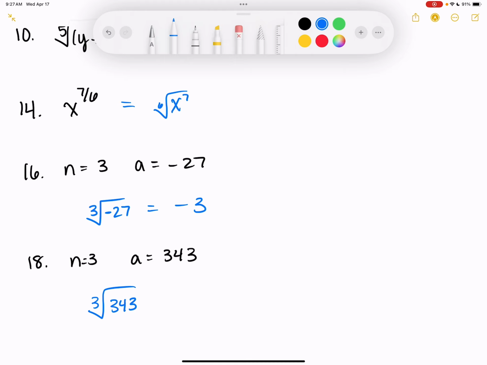It's bigger than 5 and less than 10. It is 7.